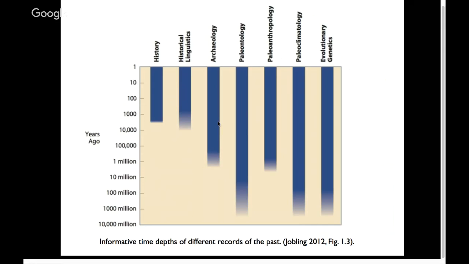So all of these lines of evidence together are uniquely informative, but we're going to be concentrating on the genetic lines of evidence for this class to explain these overall patterns that we observe.